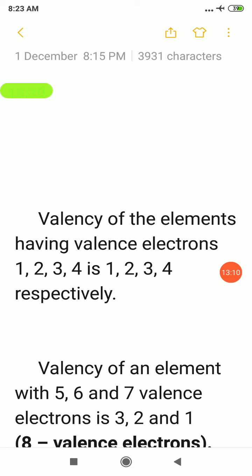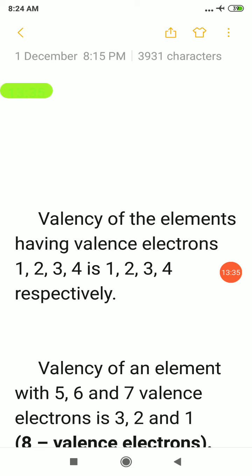Magnesium's valence electron is 2, so its valency is 2. Aluminum's valence electron is 3, so its valency will be 3. So for elements with 1, 2, 3 or 4 valence electrons, there will be no change in their valency. When there are fewer valence electrons, the valency is the same.